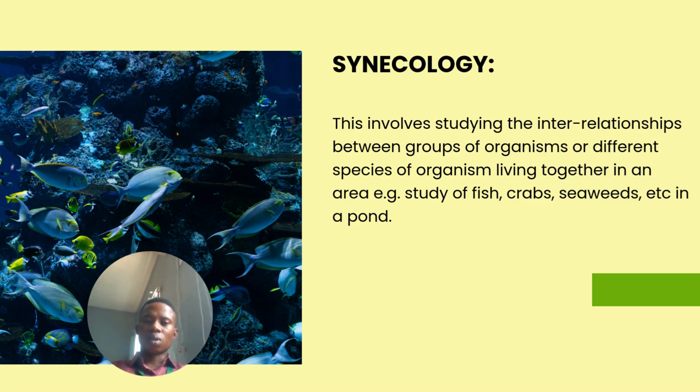When you are talking about synecology, we are talking about different species existing in a particular habitat. Example is the pond. When you look at the pond, there are different organisms that exist in the pond. We have fishes, we have crabs, and all that. They all belong to the pond. So it's an example of synecology.